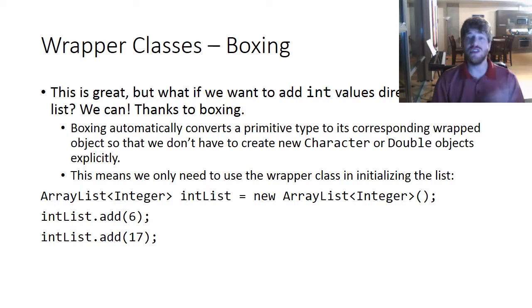We can just do it directly, and Java will automatically convert the int to an Integer and then put it in the list. So these 3 lines of code down here are completely legal, and they result in an array list with 2 Integers in it, 6 and 17.